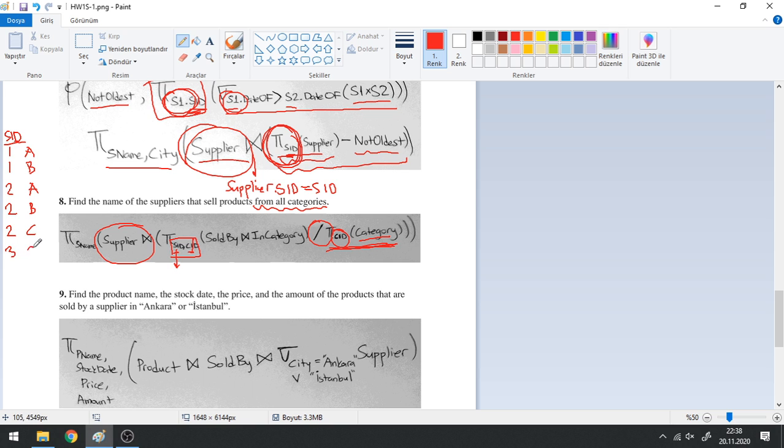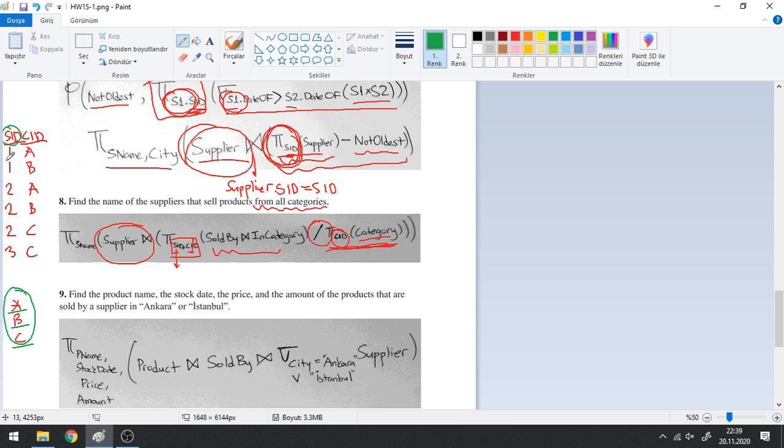And if my categories are, so these are the CIDs after I join them. So I join sold by with in category and I project SID and CID, and these are my values. And from the CID of the category table, let's say I have A, B, and C. So if I make a division operation in here, what it means is that I need the SID that matches with all 3 of these categories.